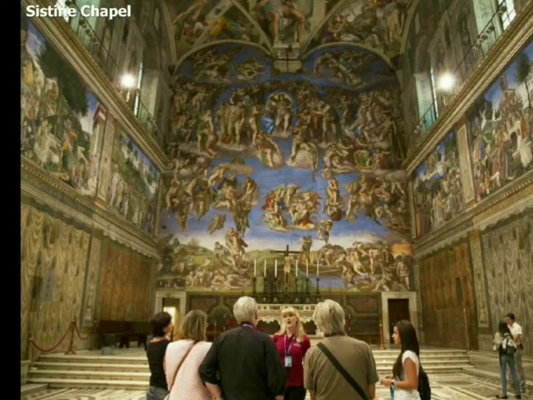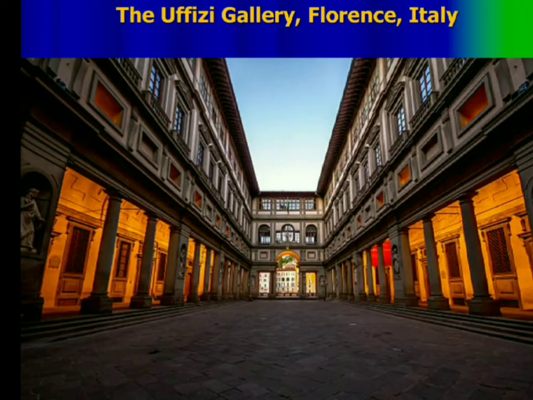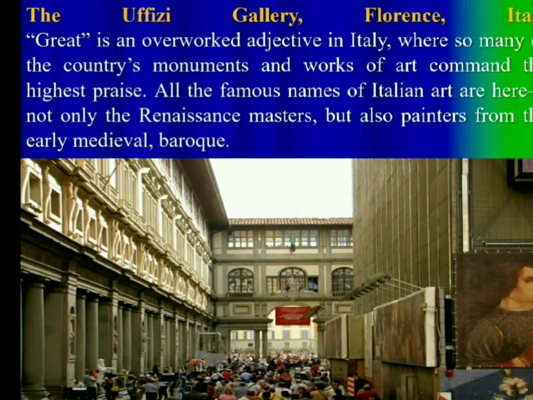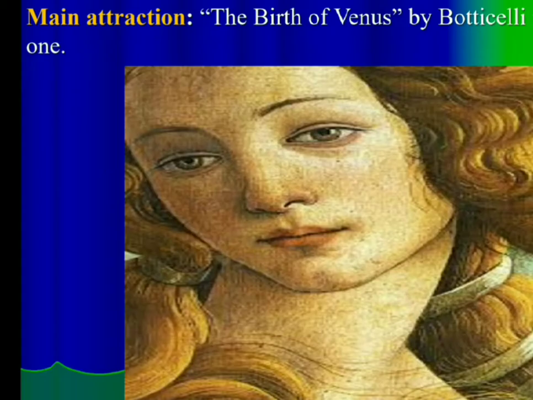This is the Sistine Chapel room, which is very famous and a very popular part of the museum. The next one is the Uffizi Gallery in Florence, in Italy. The main attraction of this gallery is the Birth of Venus by Botticelli.